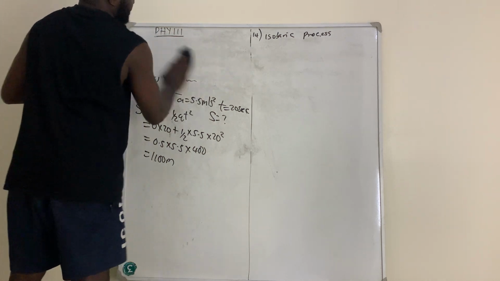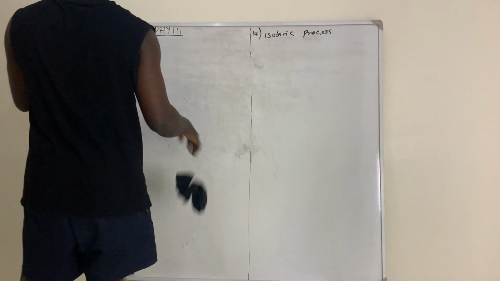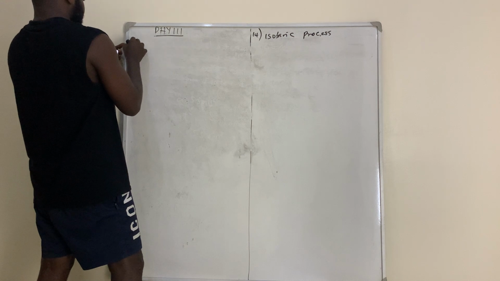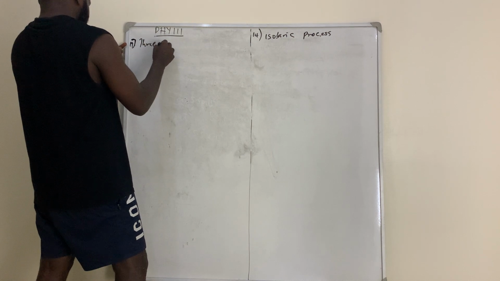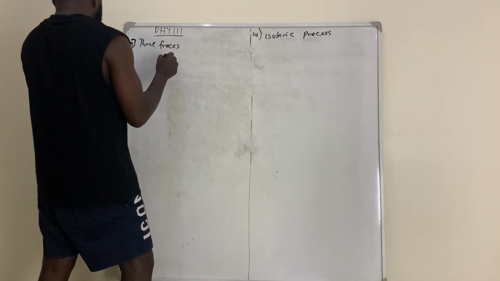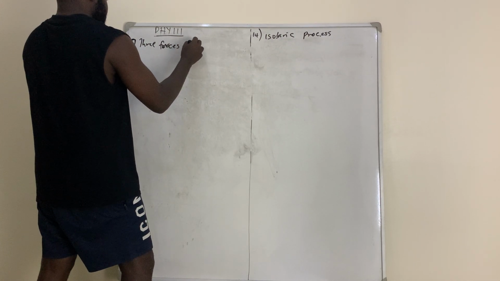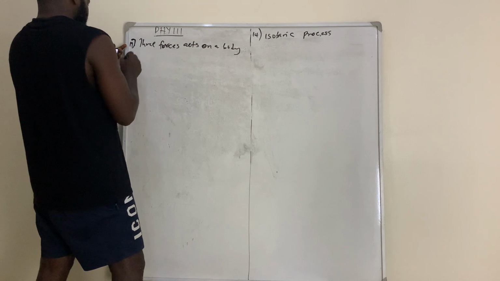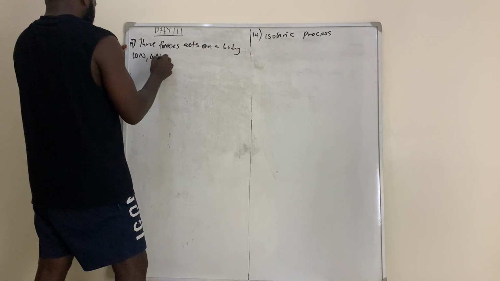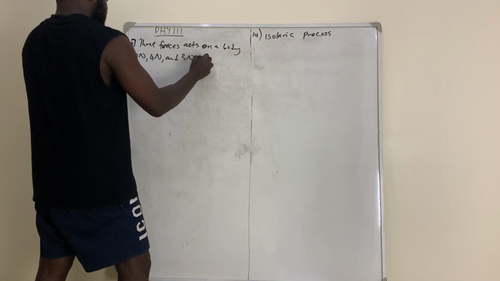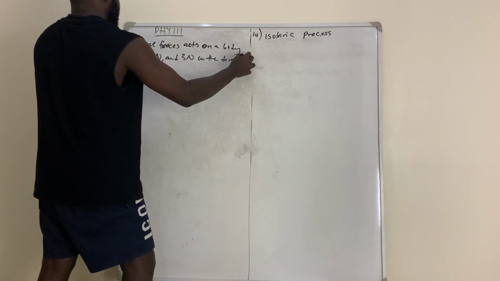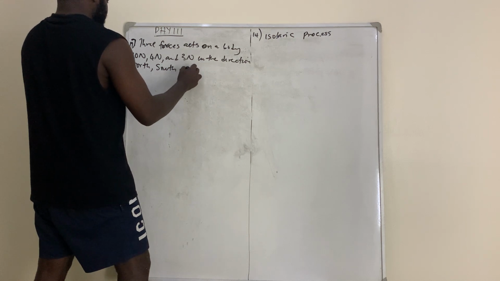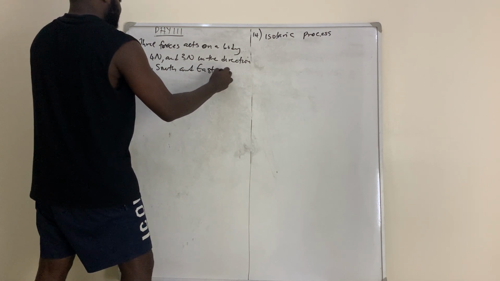We move to question number 19. Question number 19 said three forces act on a body: 10 Newton, 4 Newton, and 3 Newton in the direction north, south, and east, respectively.